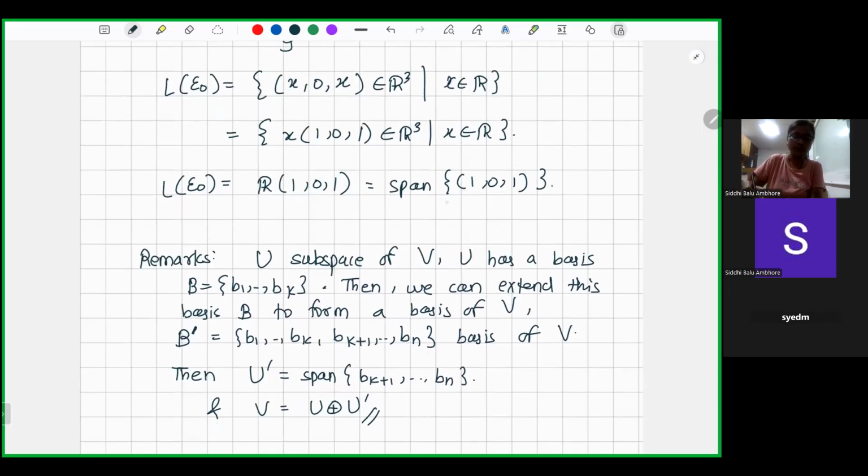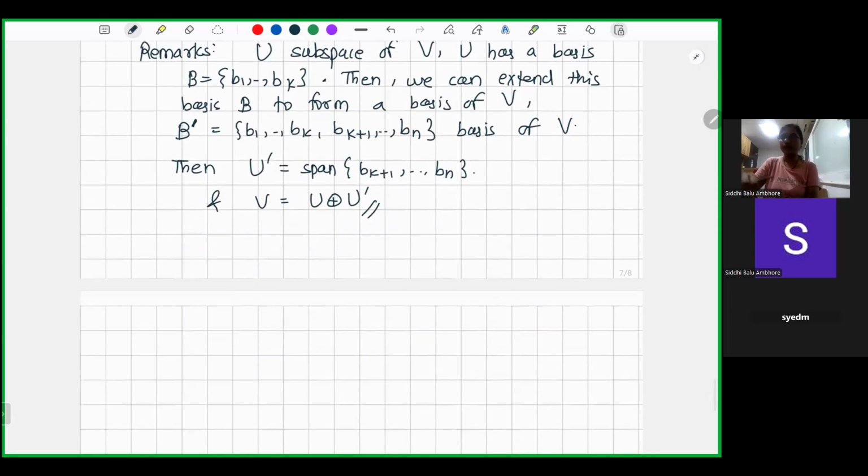And so that's what we will do. We will try to extend this element to a basis of R3. R3, we know, has dimension 3. So we need two more elements in R3 which are linearly independent of this element, and that will form the complement of this L epsilon naught here.